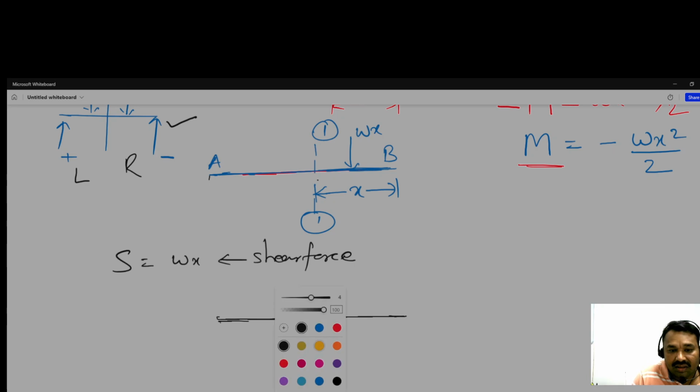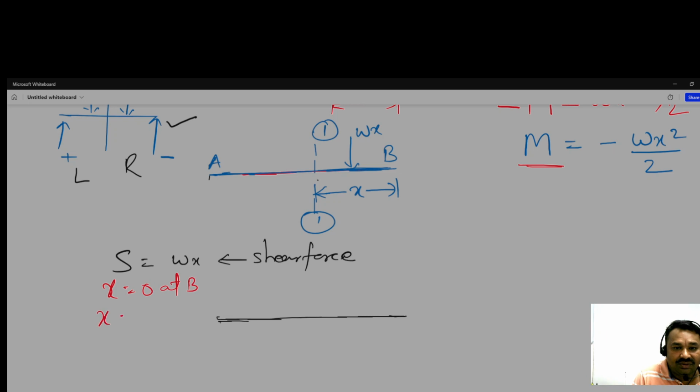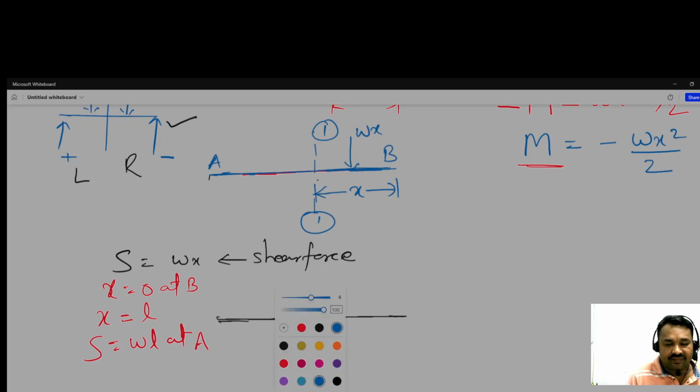If x is equal to 0, then we're talking about B. Suppose x is equal to L, then S becomes WL, and that is at A. So as per this, at B it is 0 value, at A it is WL.